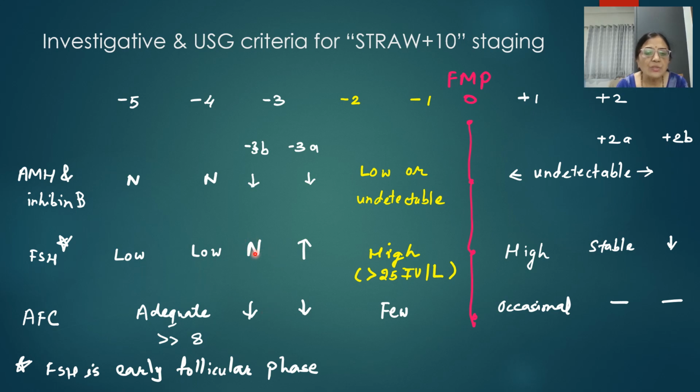FSH initially remains normal, and towards the end of the late reproductive phase, it shows a rise. Antral follicular count is few in the menopausal transition phase, occasional in the early postmenopausal phase, and absent in the late postmenopausal phase.